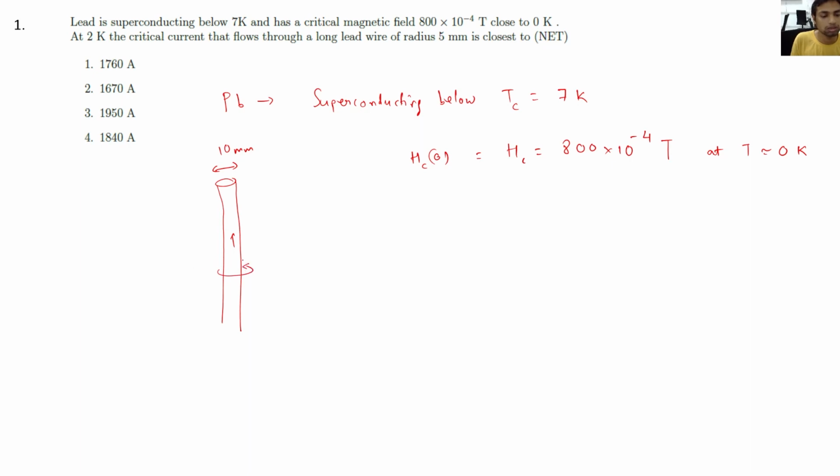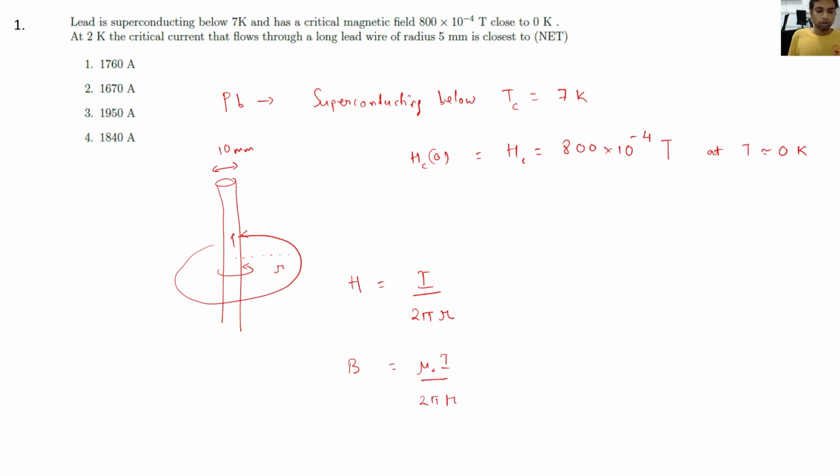At a distance r, the magnetic field will be I by 2 pi r. This is the relation between the current and the magnetic field strength, or B is equal to mu naught I by 2 pi r.